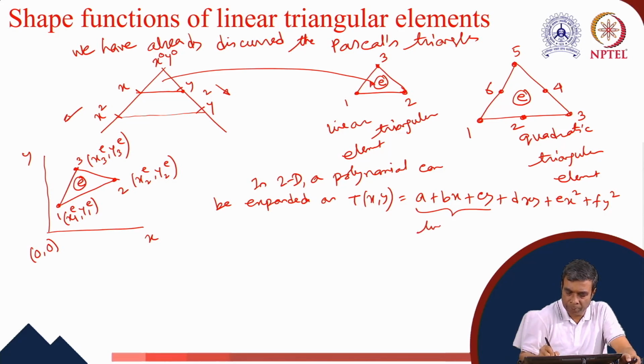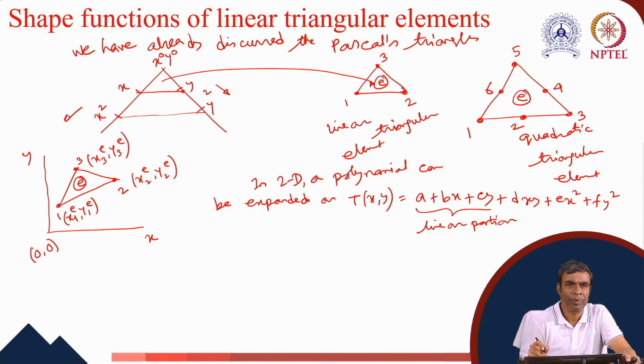So this portion represents a linear portion in 2 dimensions. Now, for the linear triangular element, we have 3 nodes. With 3 nodes, we can write 3 algebraic equations and we can solve for 3 coefficients. For example, the coefficients can be a, b and c.